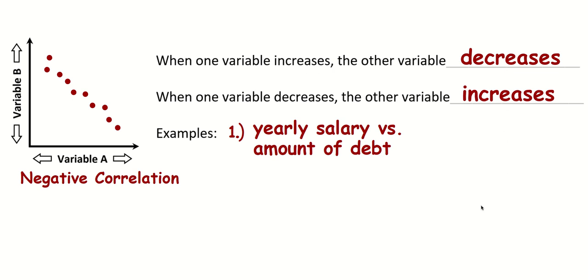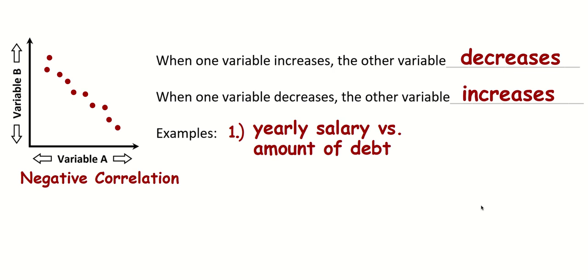I might be spoiling a future homework problem, but I think one of the better examples is your average speed on a trip versus the total time it took for you to make your trip.